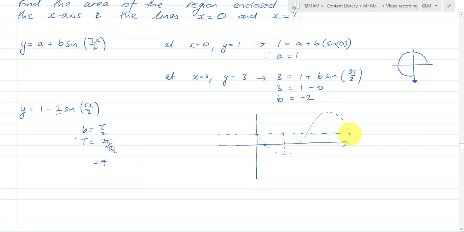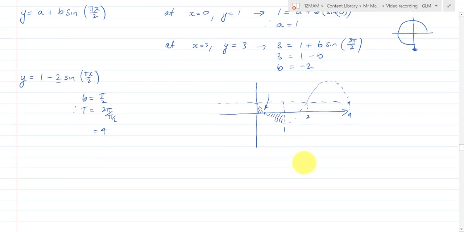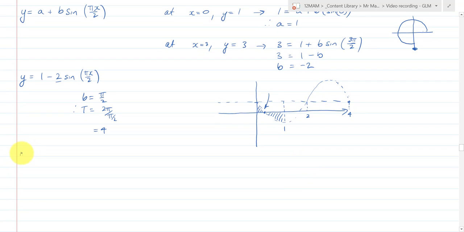So that tells us that it gets to here at 4, gets to here at 2, and gets to there at 1, which means we're finding this area and this area here. That means we need to find this point of intersection, which is important. So let's go about finding it.